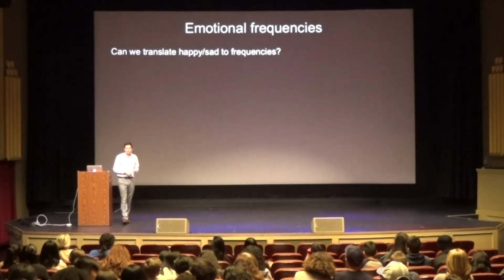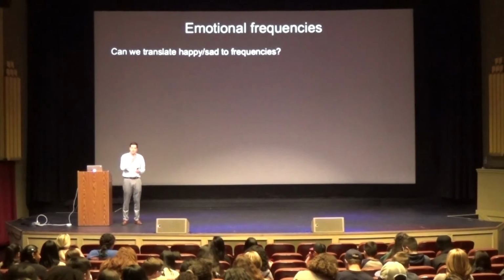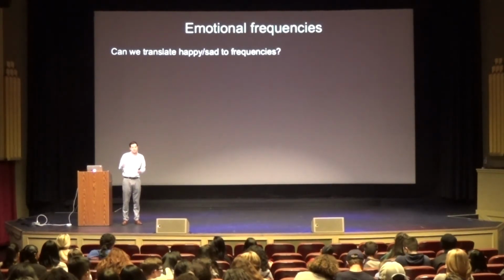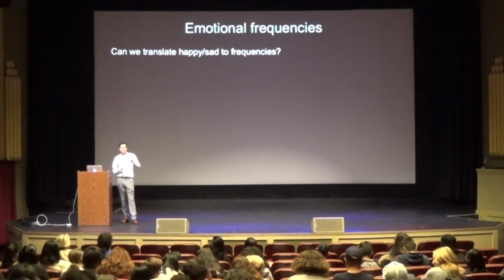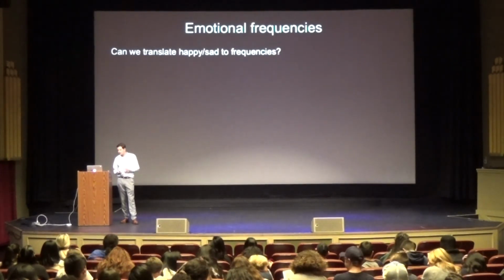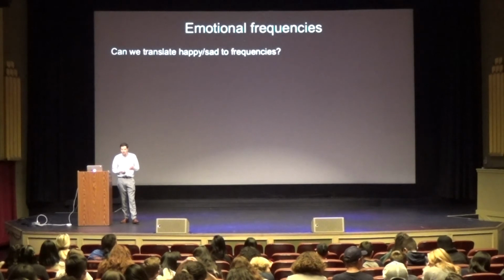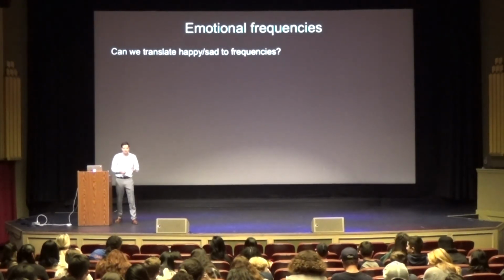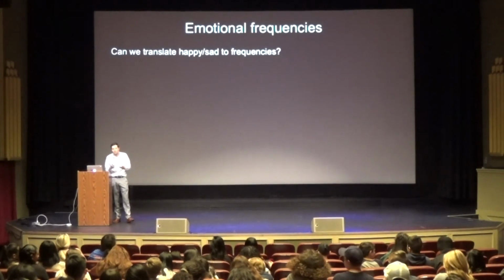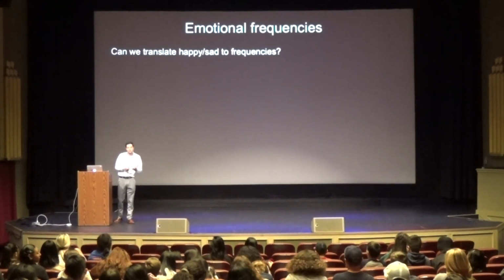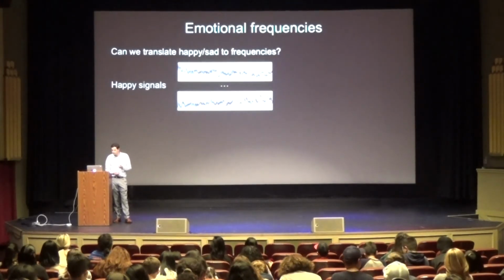And now what we'd like to do is look and try to see if we could figure out which frequencies are contained in our signal when our patient is in a happy state or a sad state. So we'll talk about emotional frequencies, which is the joke, because the frequencies aren't really emotional. But we're going to talk about which frequencies are occurring under which emotional state of the patient.